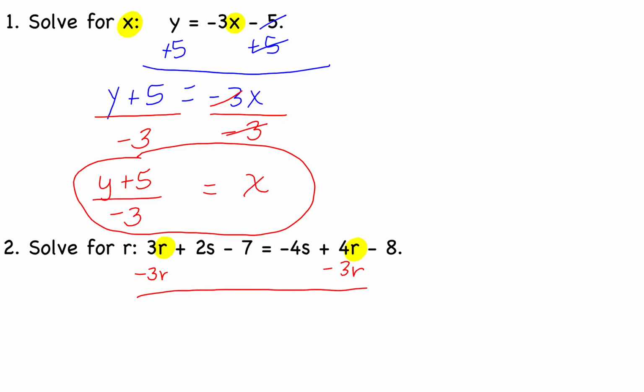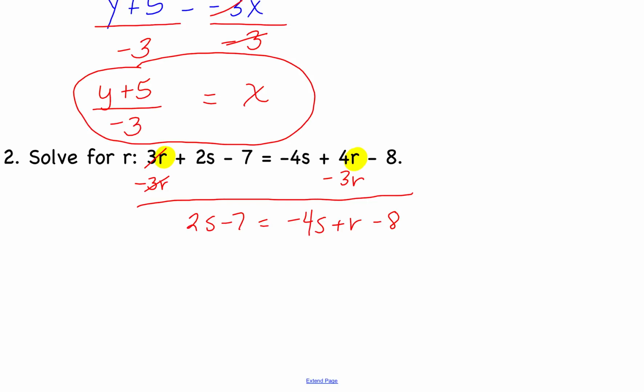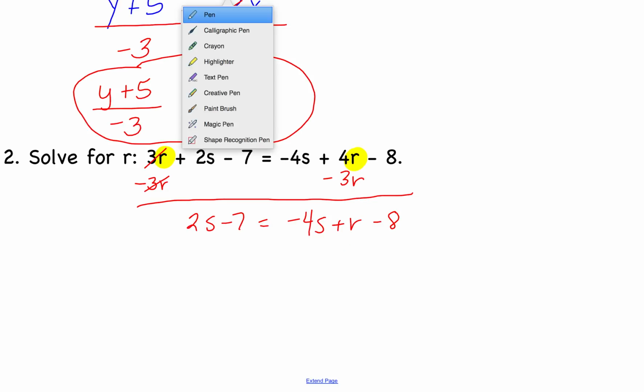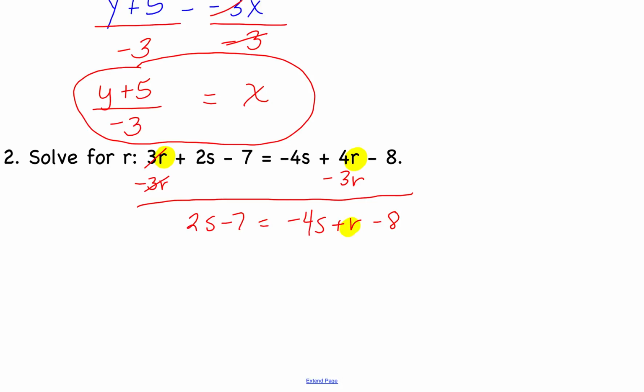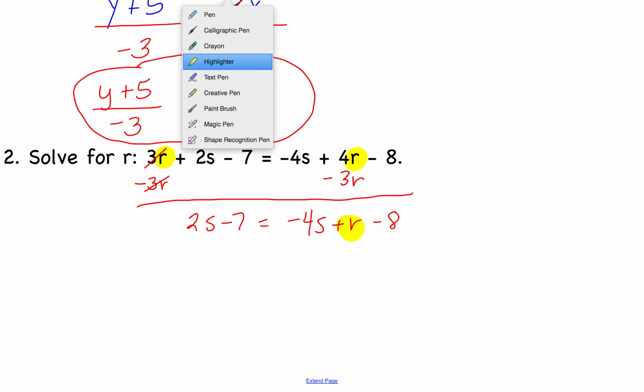If I subtract 3r from the left side, 3r minus 3r is 0, and I am left with a 2s, and a minus 7 is equal to a minus 4s, plus 4r and minus 3r is plus 1r, and then minus 8. So remember we're trying to get that r term alone. Let me just keep that highlighted because that's the one we're trying to get alone.